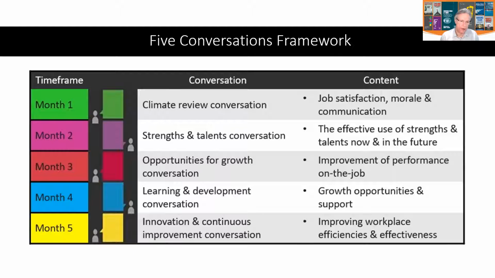Okay, what's going on? So you go through those topics again. So the idea is, if you can get through 2 rounds of the 5 conversations a year, you're doing well. And I can assure you, it'll make all the difference in the world in terms of your productivity. Absolutely, no doubt.